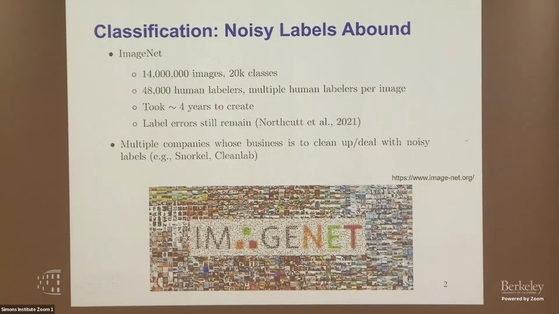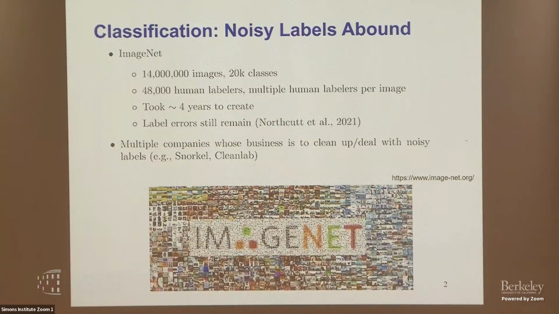In particular, the creators of the data set got multiple human annotators per image, trying to find enough annotators per image to develop a consensus to get the accurate label for each image. So this is a very big undertaking.